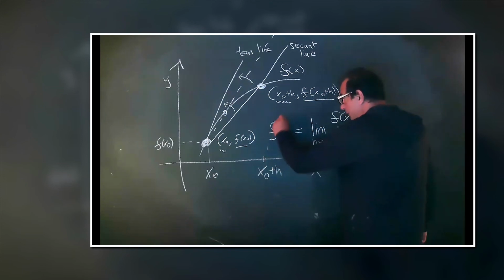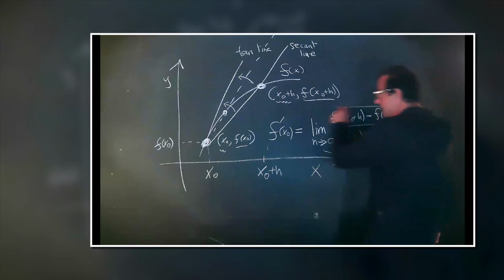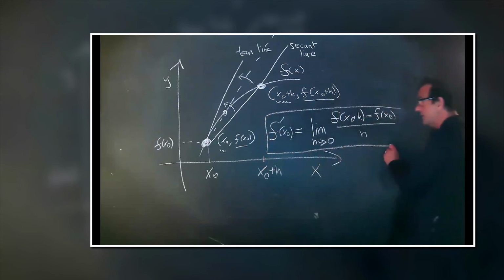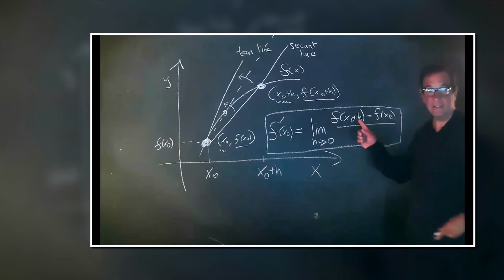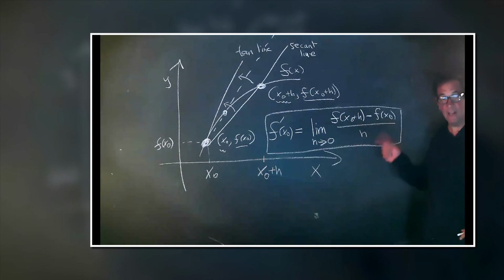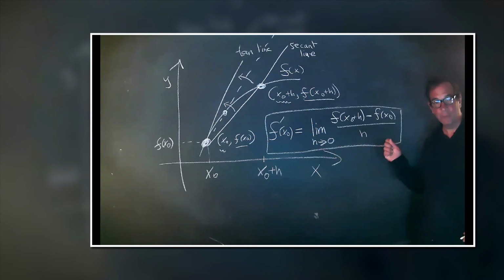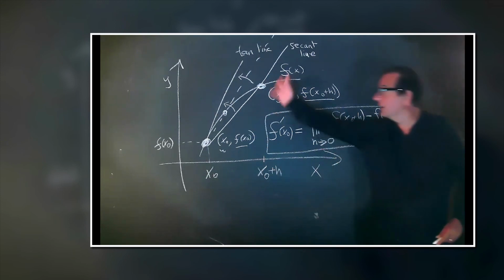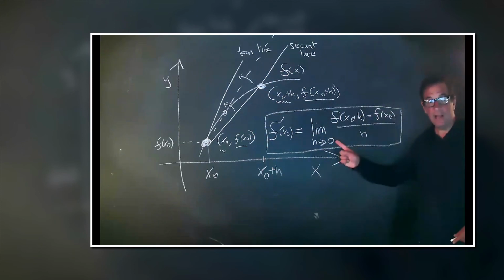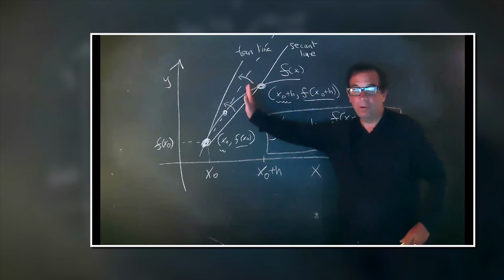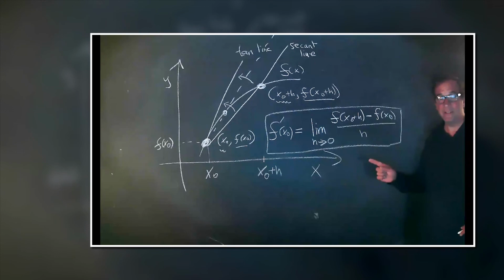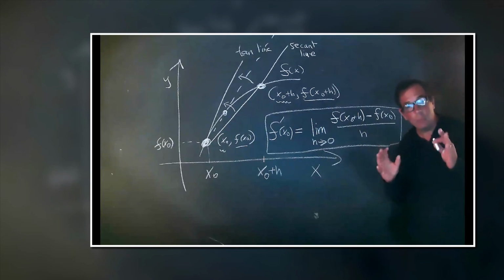So we say f prime of x naught is equal to the limit as h goes to 0 of f of x naught plus h minus f of x naught all over h. See what's happening? The slope of the secant line, the limit operation, zoop, moves it so it's coincident with the tangent line. And that's the inner workings of the derivative.